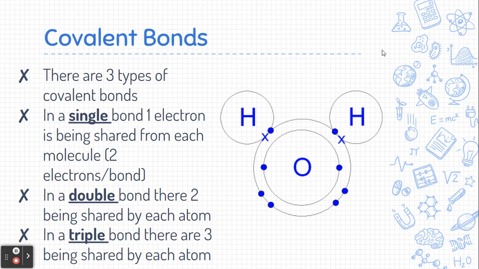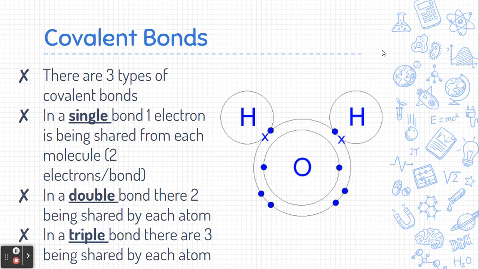Is this hydrogen happy? How many does it have around it? Is oxygen happy? Yes, because it has how many around it? 8. 1, 2, 3, 4, 5, 6, 7, 8. Sharing. They are not giving fully. They are completely sharing.